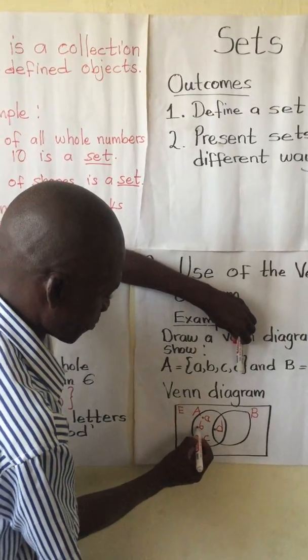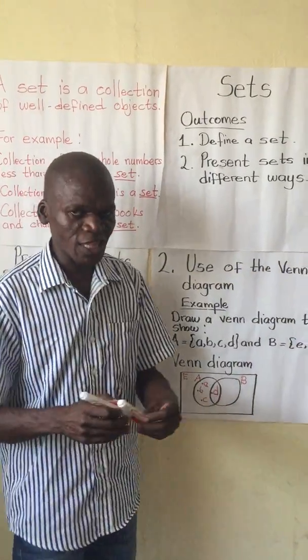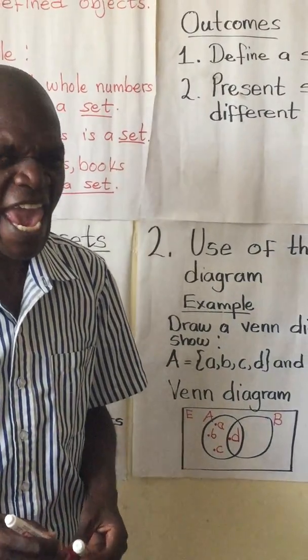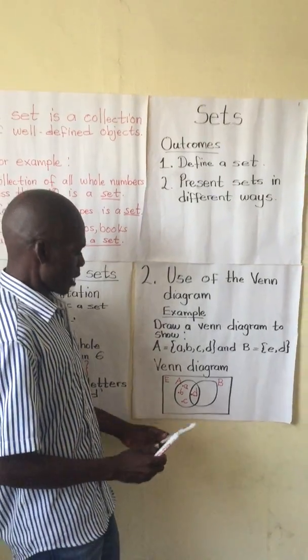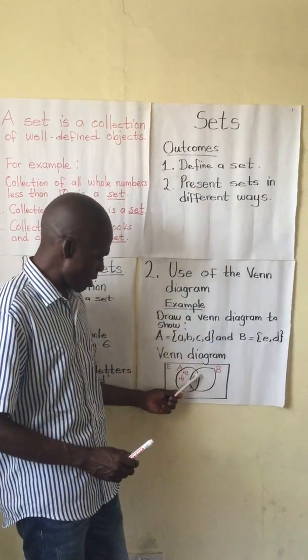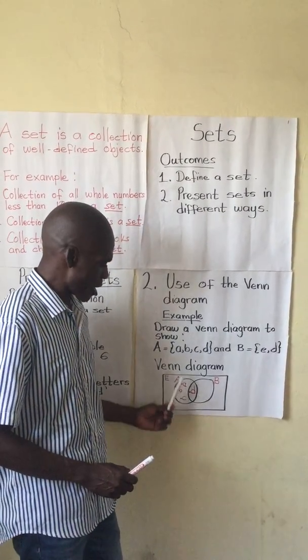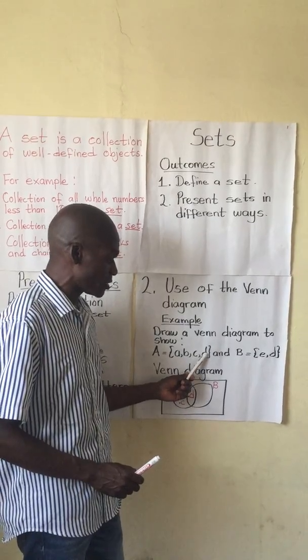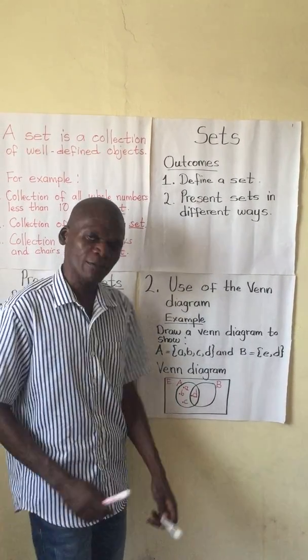A point there, a point there, a point there, to show that these are elements. Small letters. A has got 1, 2, 3, 4 members: a, b, c, d.